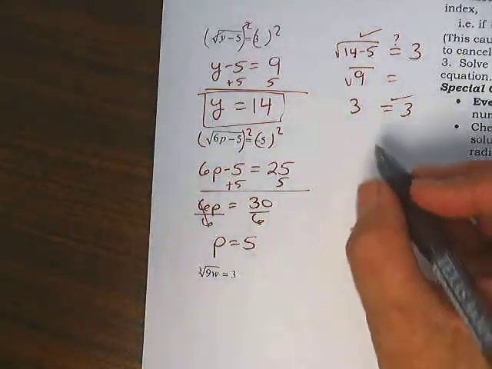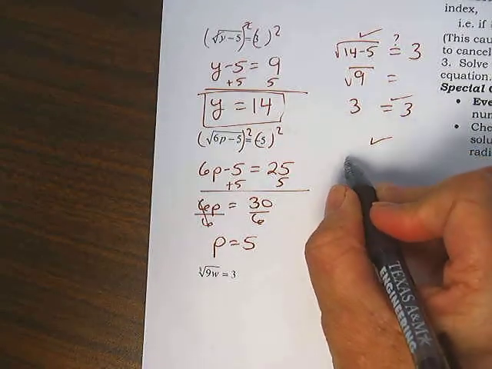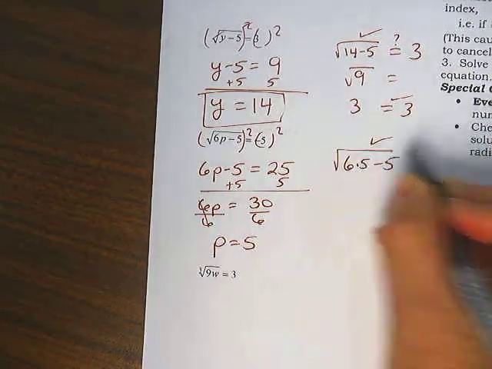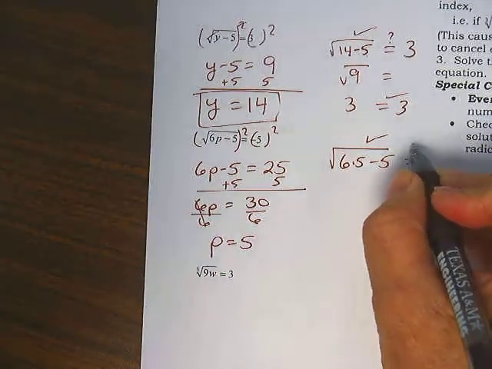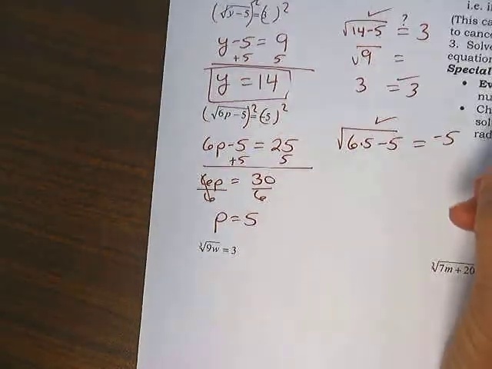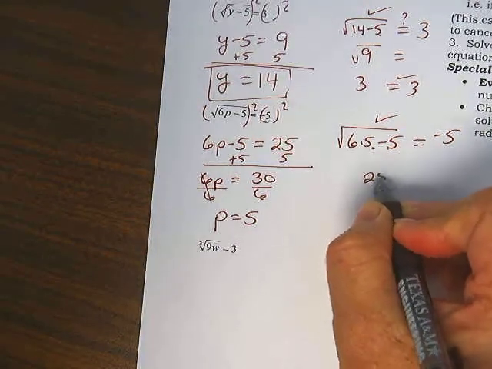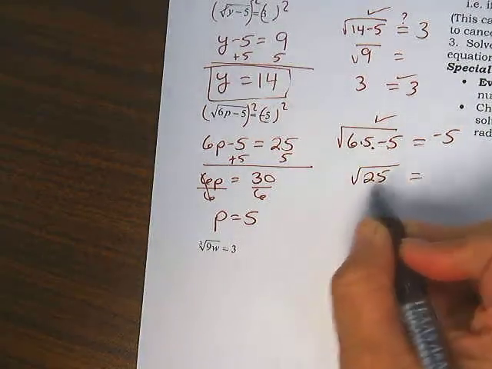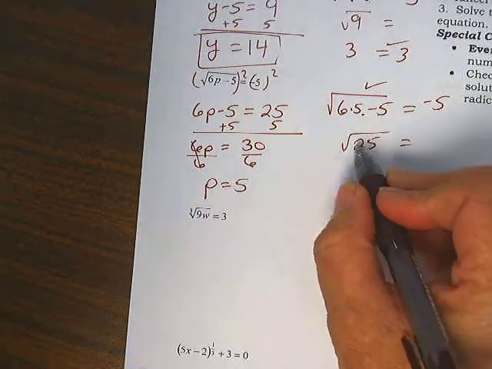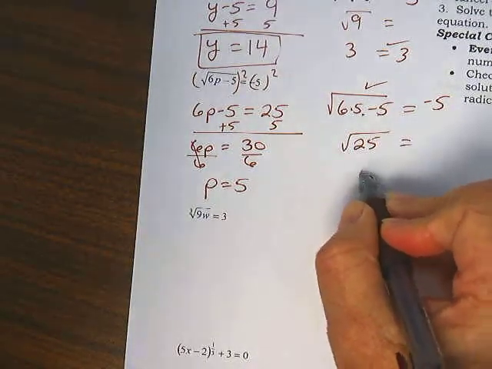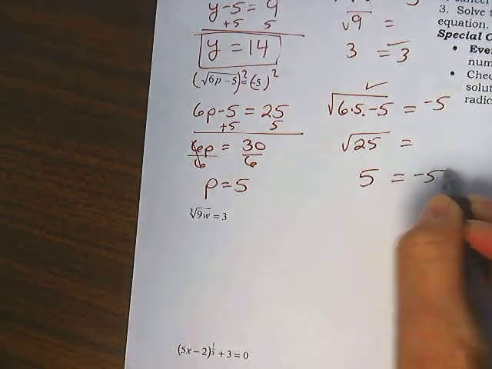Now we want to plug that back in. So over here I'm going to just check it. So 6 times 5 minus 5 square rooted, does that equal negative 5? 6 times 5 is 30, minus 5 is 25. So does the square root of 25 equal negative 5? Remember, we take the positive here. So does 5 equal negative 5?